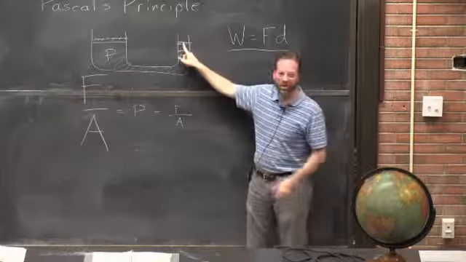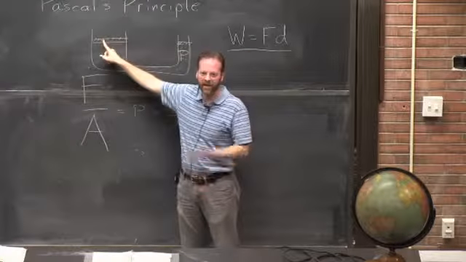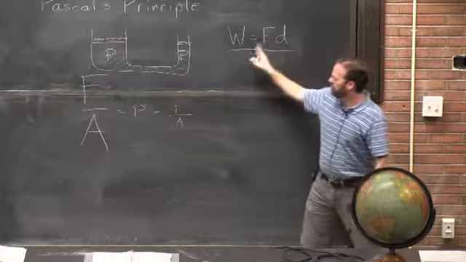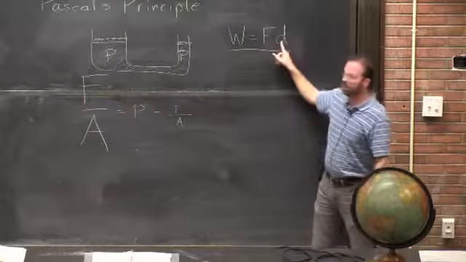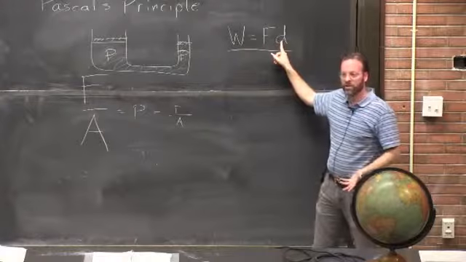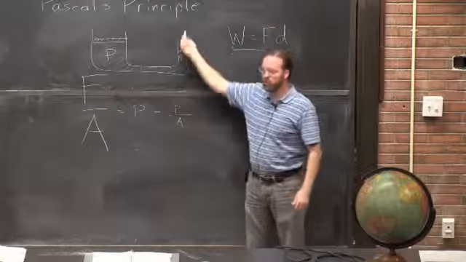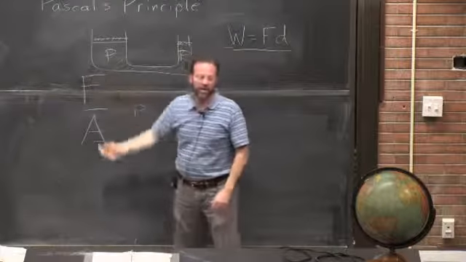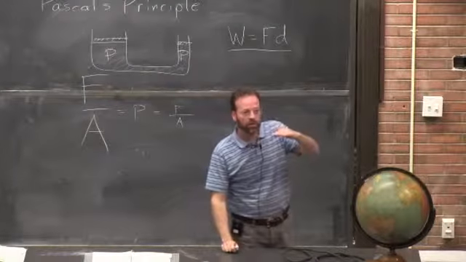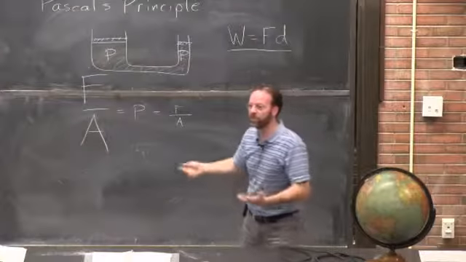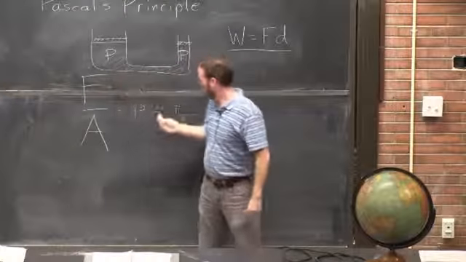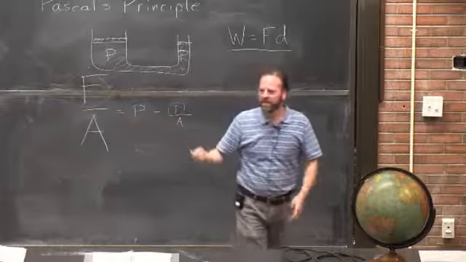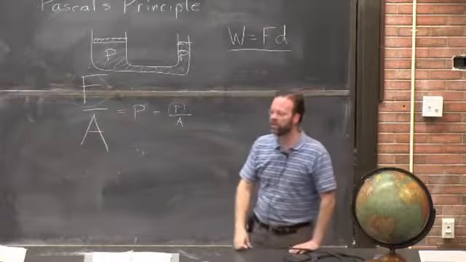The work I do here is the same work that I get out here. I can't create more. So for a puny force, I'm going to have to move it a big distance to have the same work. So this side will have to move a lot further than this side. So I might not be able to lift the car very far, but I can do it now because the force is multiplied. Does that make sense? Just like with those simple machines? And that's hydraulics. And it works because of Pascal's principle.